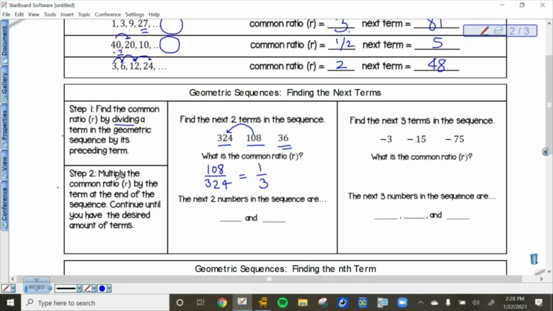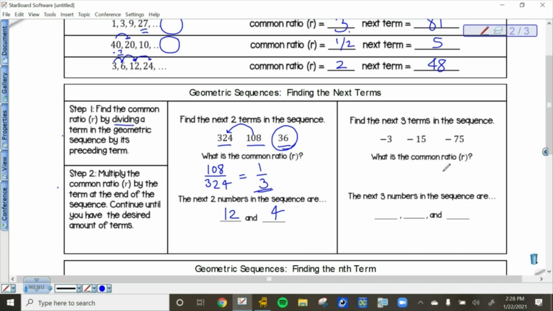Now, step 2, we multiply the term at the end by our common ratio. So 36 times 1/3 gives us what? 12. And now 12 times 1/3 gives us what? 4.